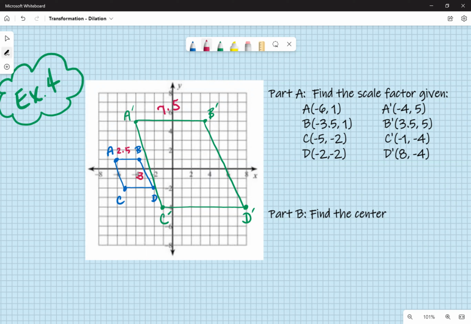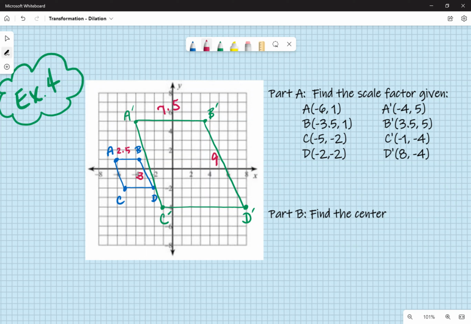And then B prime to D prime, I went down 1, 2, 3, 4, 5, 6, 7, 8, 9. See that? It would line up there. You just don't have to count diagonally. All right, so that's 9.